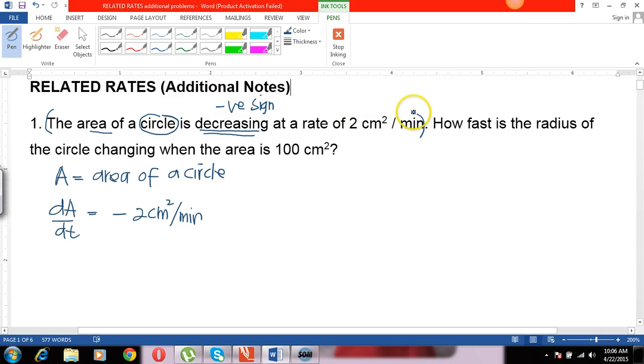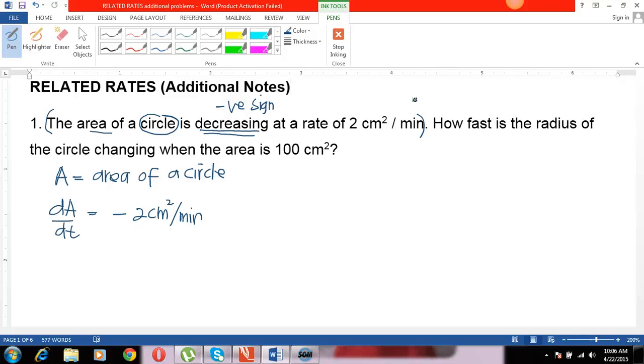The second sentence: how fast is the radius of the circle changing when the area is 100 cm square? So as in the previous example, we have the radius, but now we have to find dr over dt.